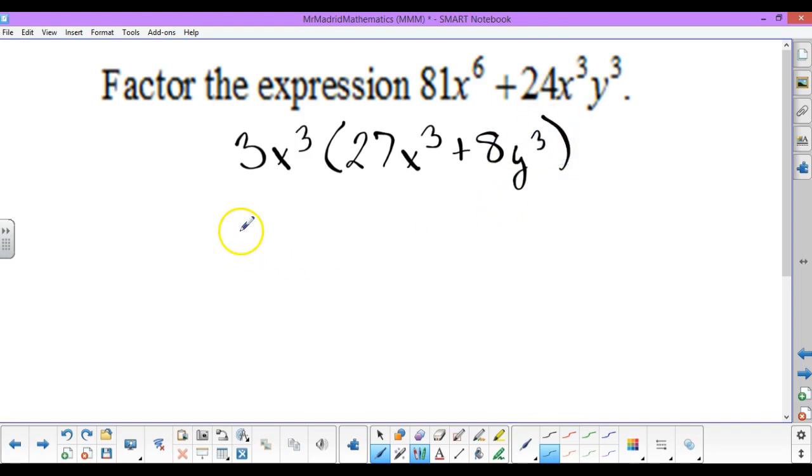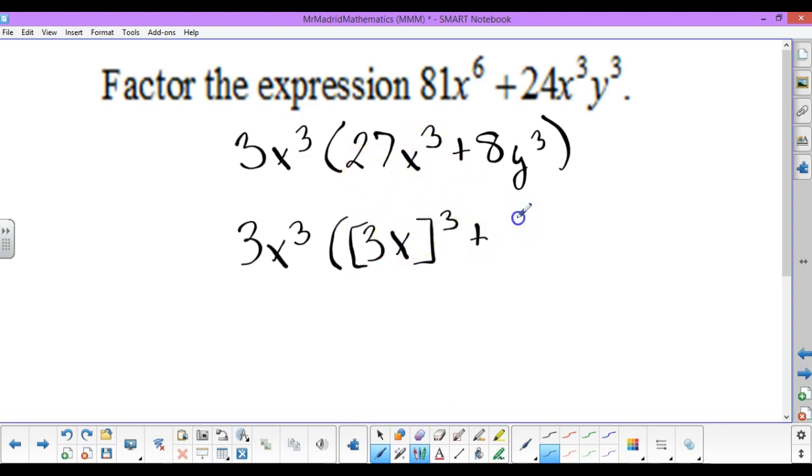Next, I'm going to bring this down. I'm going to observe that each of these is a perfect cube. So I'm going to describe 27x cubed as 3x, this whole quantity cubed, because 3 cubed is 27 and x cubed is x cubed, plus 2y, that cubed.